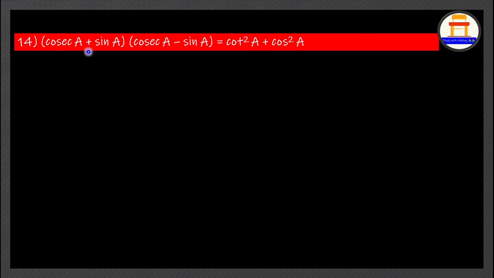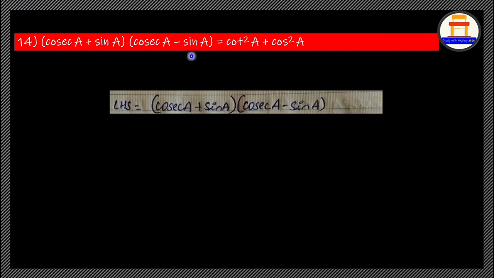Cosecant A plus sine A into cosecant A minus sine A equals cot square A plus cos square A. The complicated side here is the LHS. I suggest you write down the question once again, because the question won't be displayed in your answer sheet.